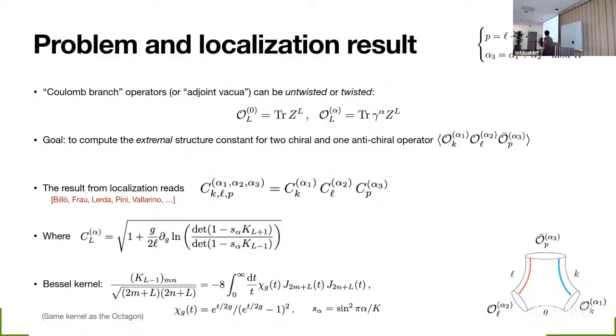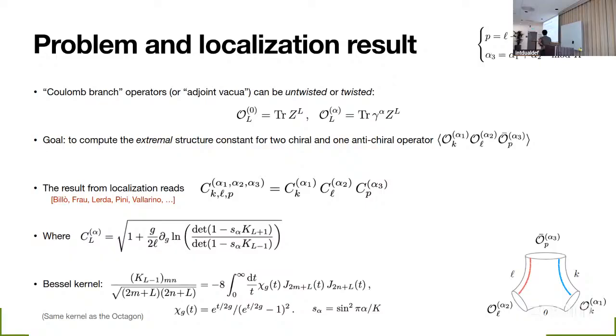And what we compute are three-point functions of these operators, and of course it can only be extremal because if you can only use Z's and Z bars, I guess it has to be extremal. So this is what we want to compute.